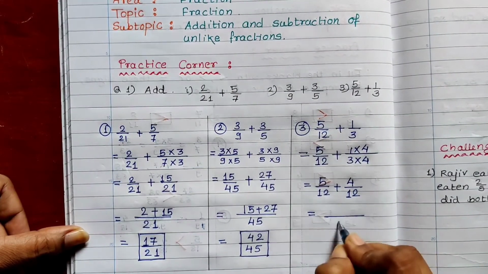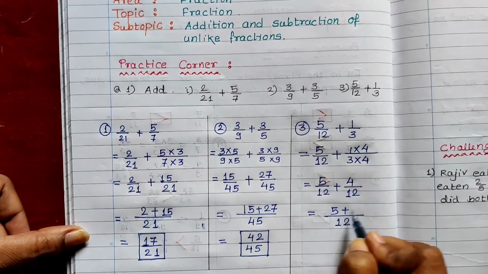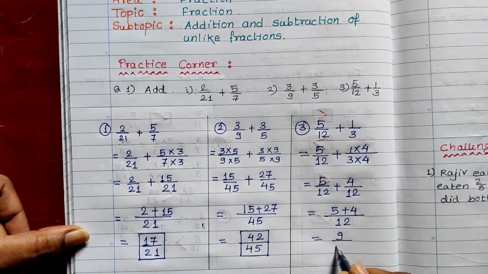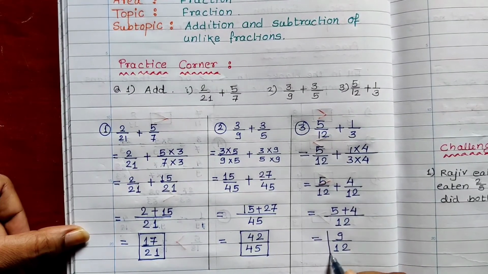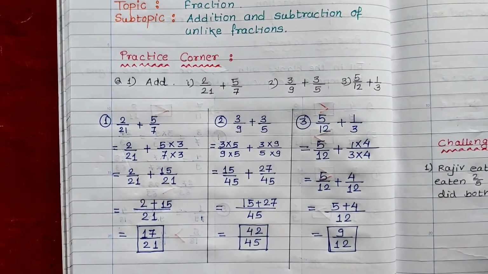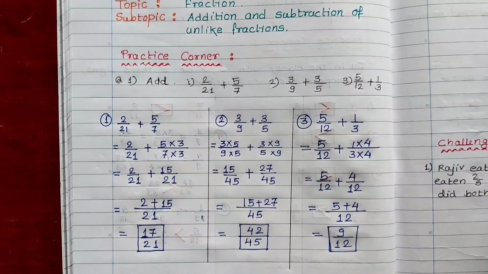In like fractions we write the denominator one time and we add the numerators. 5 plus 4 is 9 upon 12, that is the answer. So I hope you all have understood how to equalize the denominators, how to convert unlike fractions into like fractions, and then afterwards we can add them.